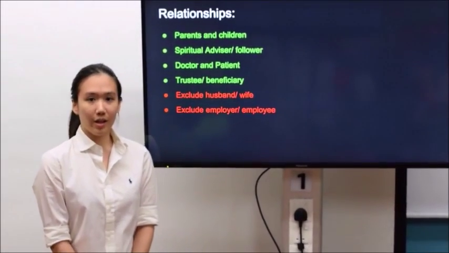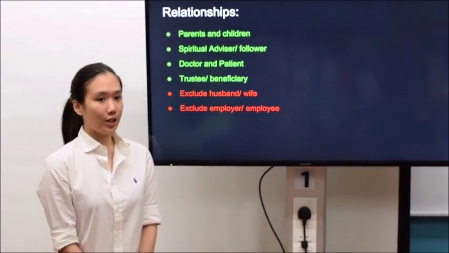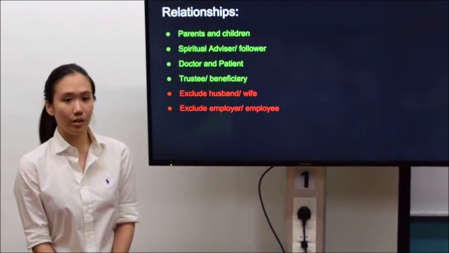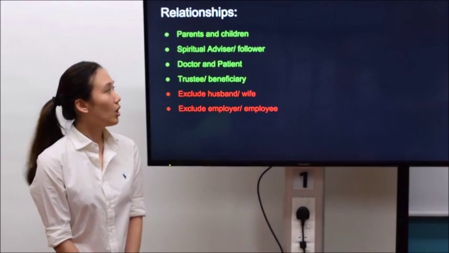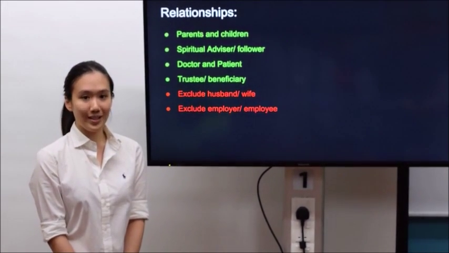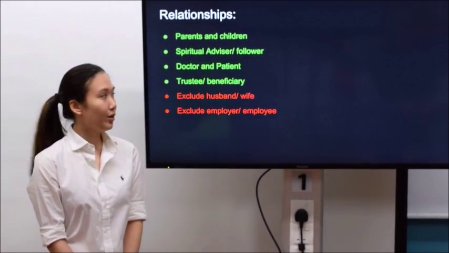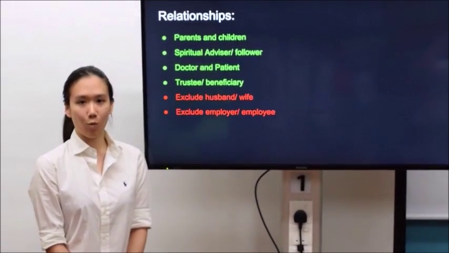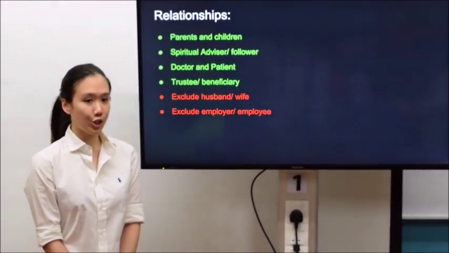Presumed undue influence can occur in certain relationships such as parents and children, spiritual advisor and follower, doctor and patient, trustee and beneficiary. However, this does not include husband and wife nor the employer-employee relationship.